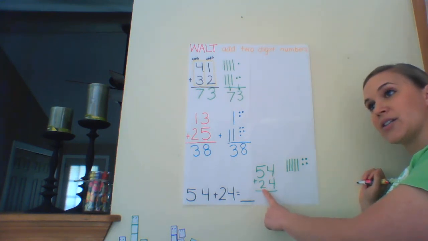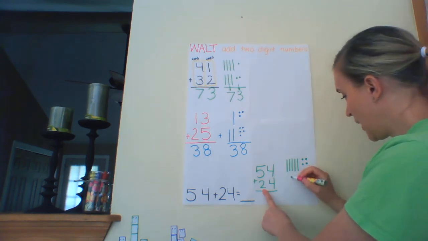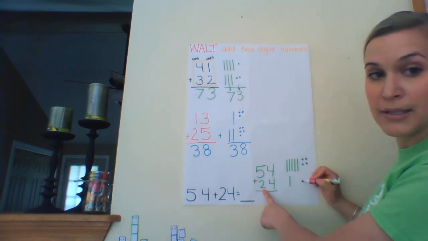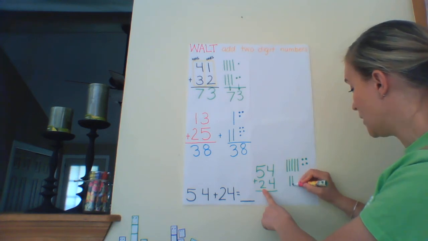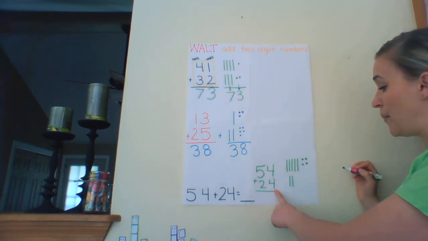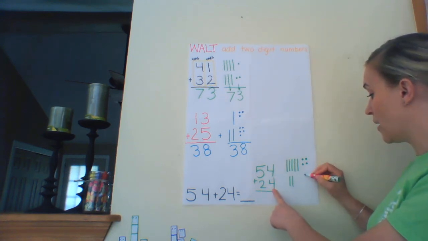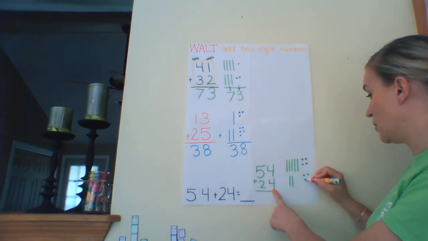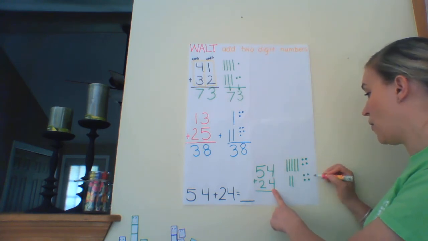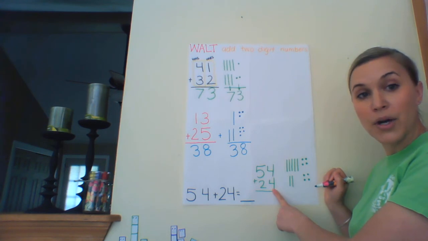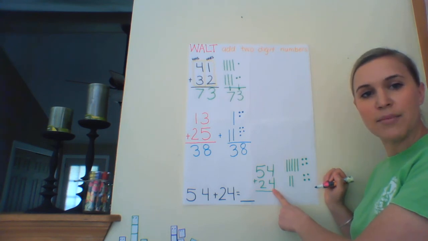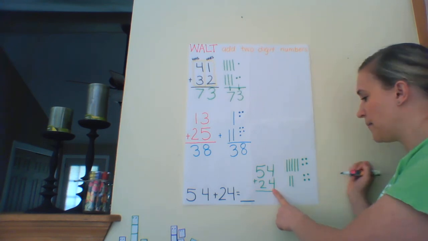How many 10 sticks are in 24? 2. 10, 20. How many 1s? 4. 1, 2, 3, 4. I tried to trick myself by having the same number of 1s with each number.